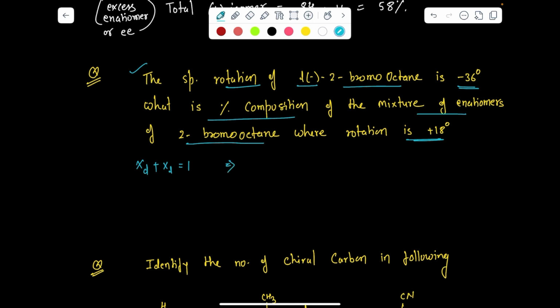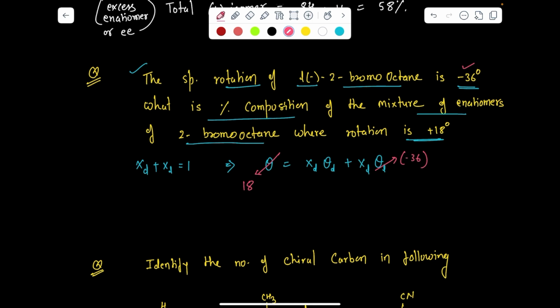Based on the rotation, we can write the optical rotation as equal to the mole fraction of dextro times the rotation of dextro, plus the mole fraction of levo times the rotation of levo. This is given as plus 18, so we'll put the value here. Dextrorotatory we have to find out, and levorotatory is given as minus 36.